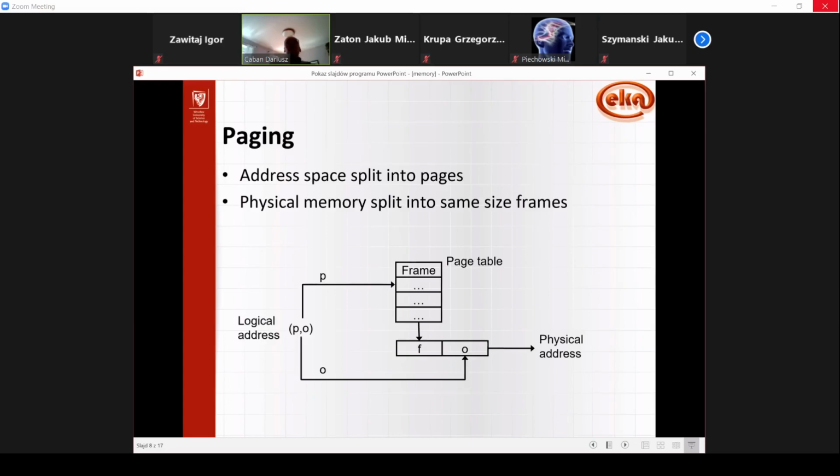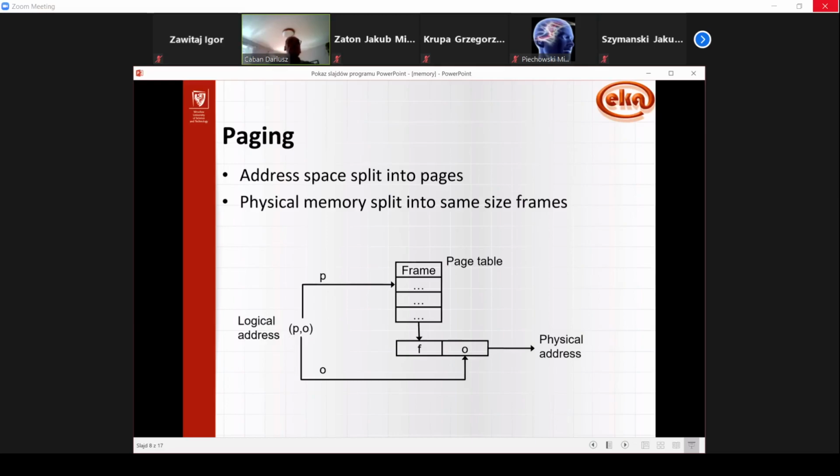There is a different problem in the case of paging. The memory is split into frames, and the address space of the program is split into same size pages. That means if you look in your program, there will always be a last page which will not be used in full.